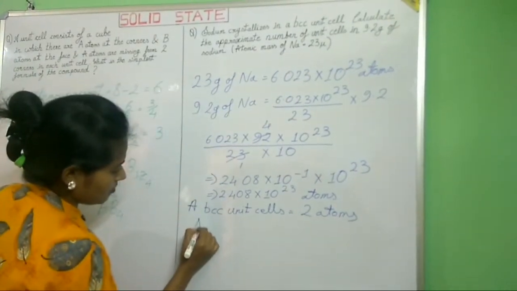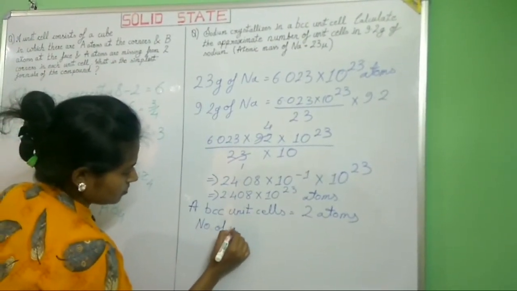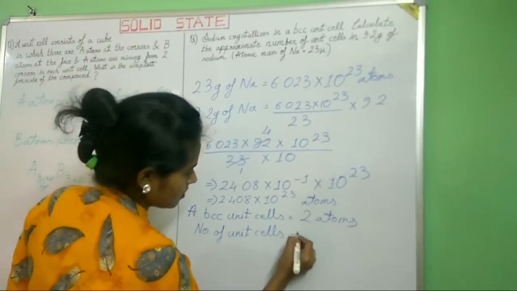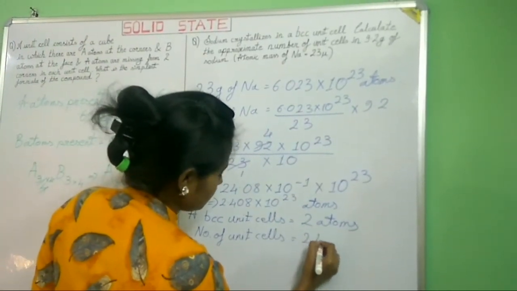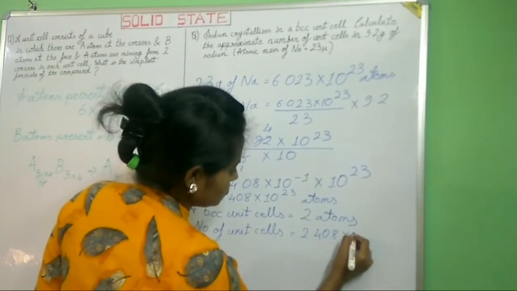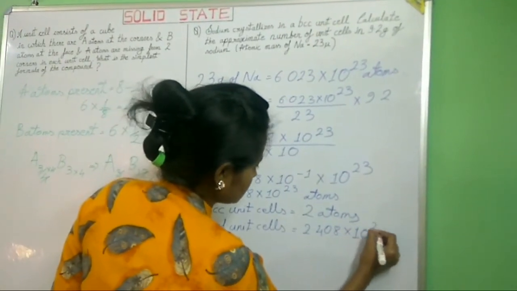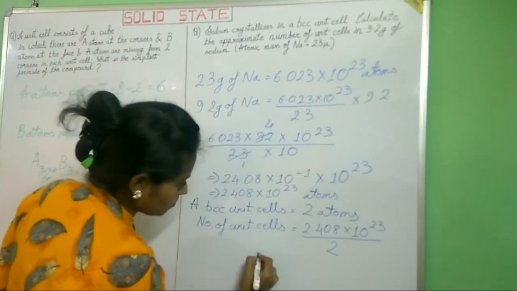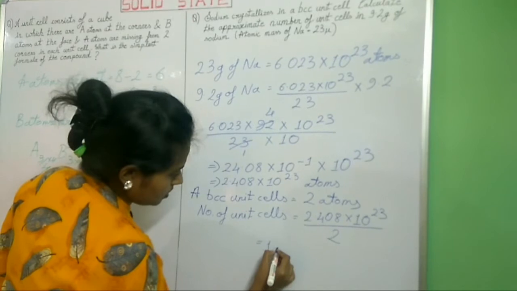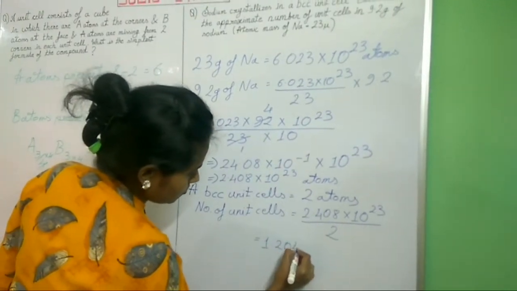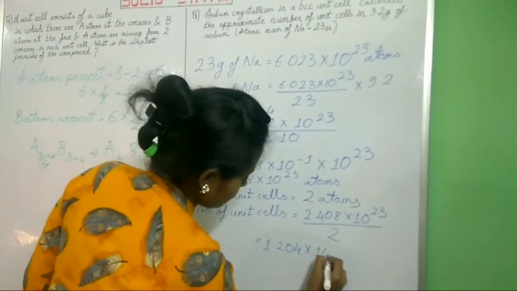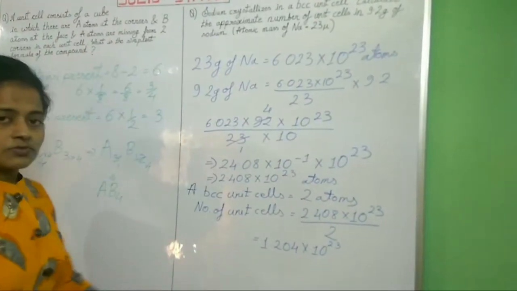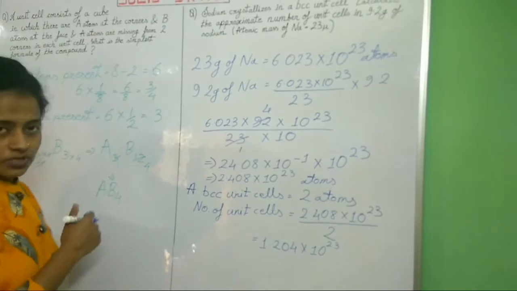So, number of unit cells will be simply 2.408 into 10 to the power 23 divided by 2, which will come as 1.204 into 10 to the power 23 unit cells. So this is the answer. Now let's move on to the next question.